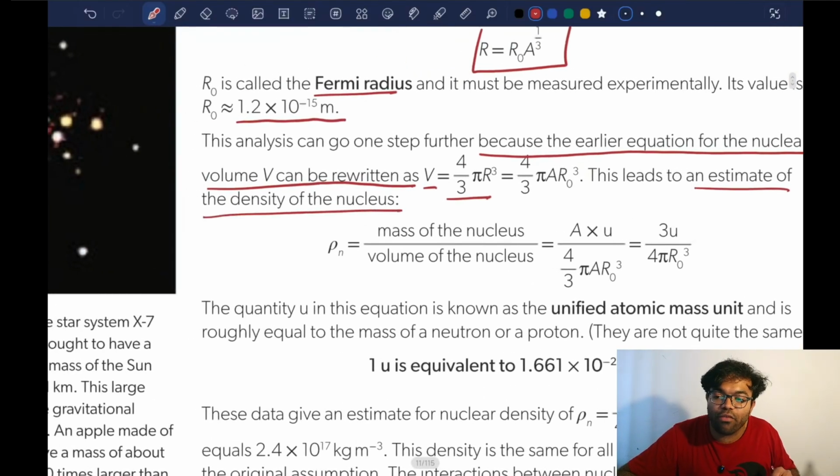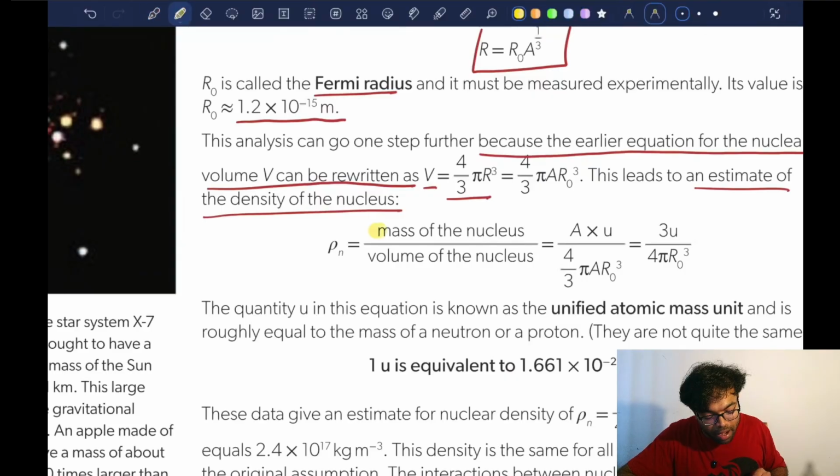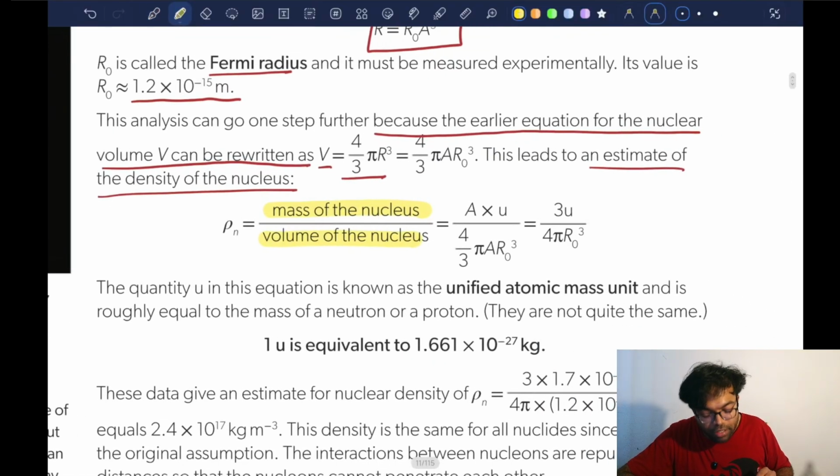Now, what is the formula for density? Density is equal to mass upon volume: the mass of the nucleus upon the volume of the nucleus. Now, mass of the nucleus is what? A, the number of nucleons, multiplied by the mass of each nucleon.